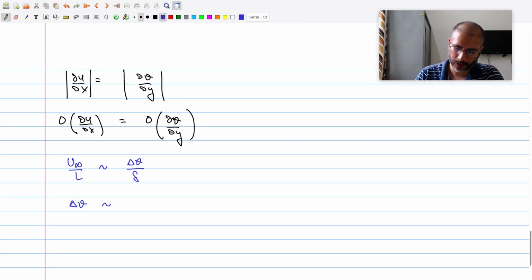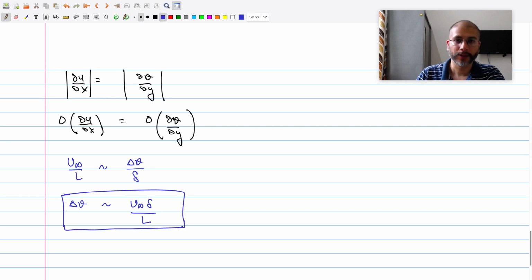So at best we should keep it as order. That means delta v is of the order u infinity times delta upon L. We will require this later, so that is the reason we have written this relation for the order of delta v.